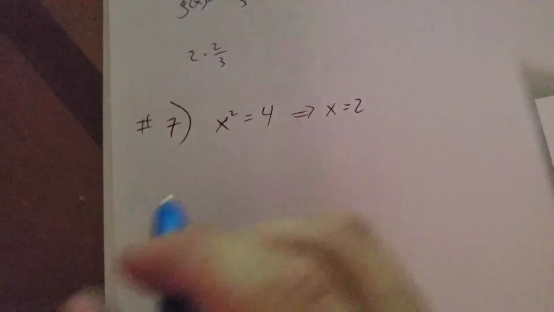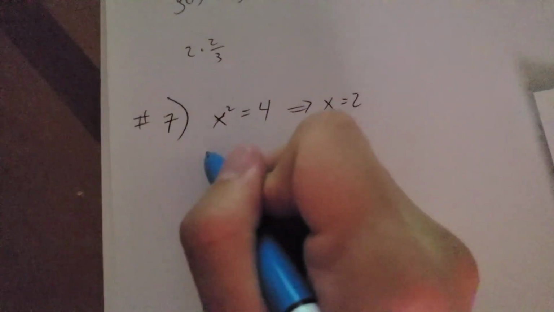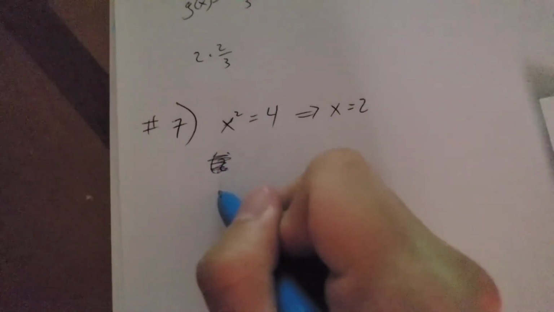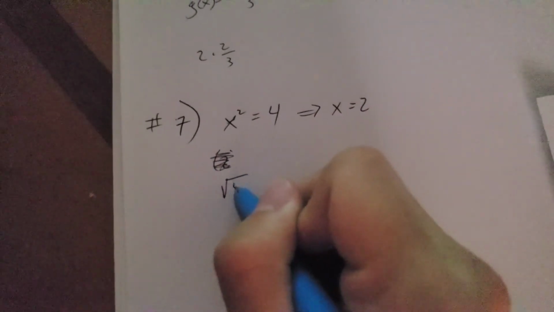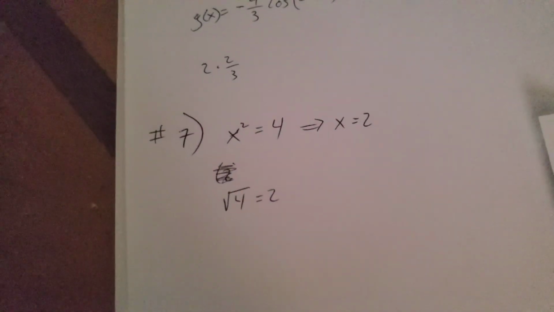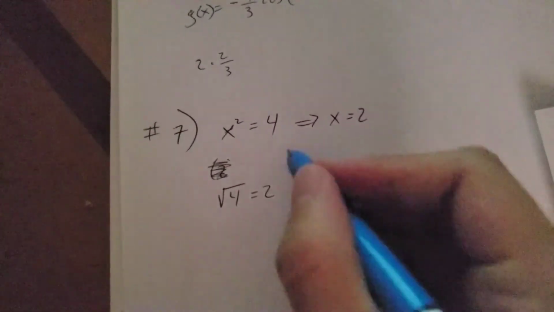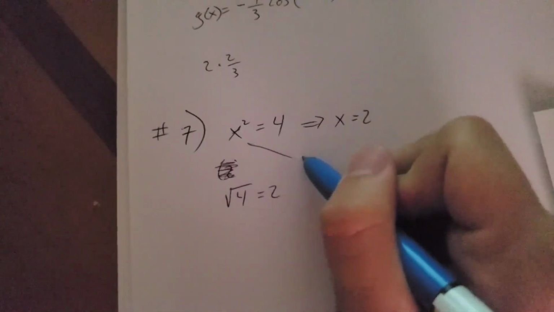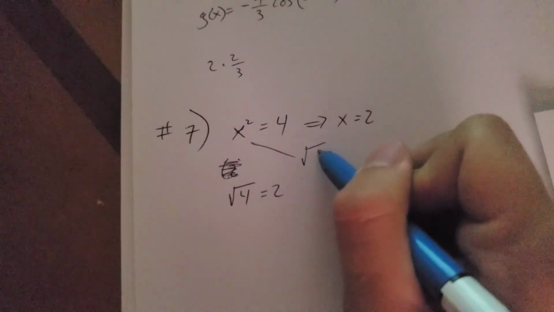If you take the square root of 4, you get 2. This happens because the inverse of x squared is just the square root of x.